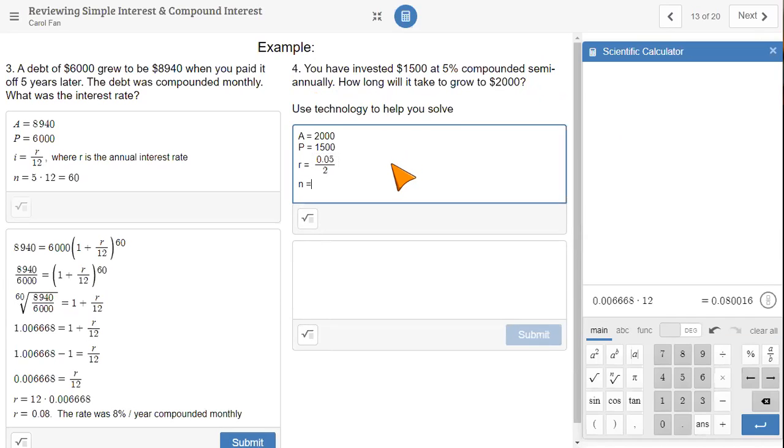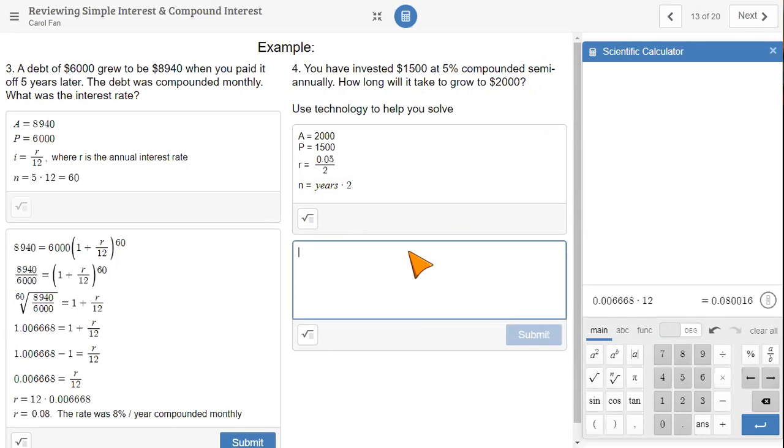And n is equal to an unknown number of years. That being said, it is semi-annual, so I'll have years times 2, because there are 2 compounding periods in a semi-annual agreement.